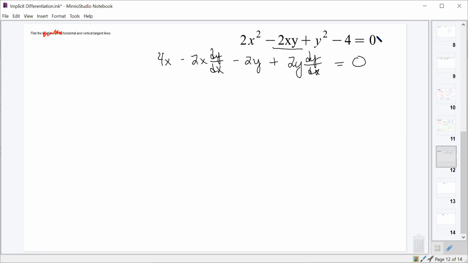The derivative of 0 is 0, correct? Everyone agrees with that? You might think I'm crazy, but I'm just going to say that a couple more times. I'm not losing my mind. The derivative of 0 is 0.